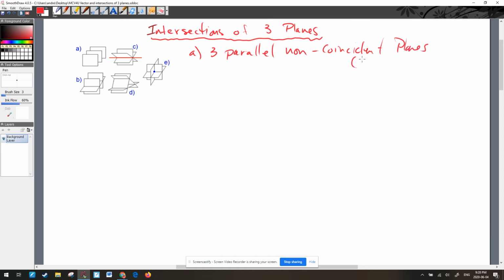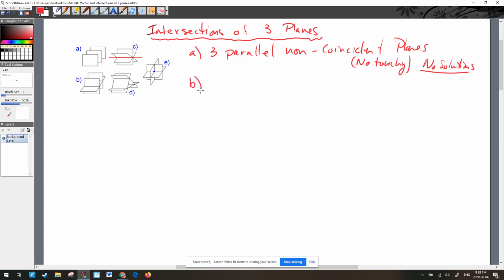No touchy. What that would mean is, of course, no solutions. And when I say solution, what I'm talking about is where all 3 planes exist in the same space. So 3 parallel non-coincident planes have no solutions. And I'm going to categorize these again at the end.